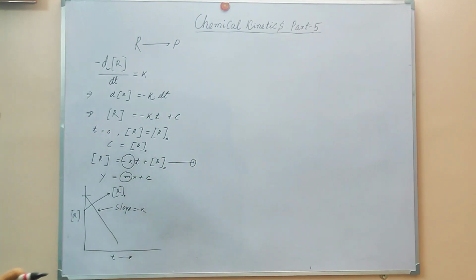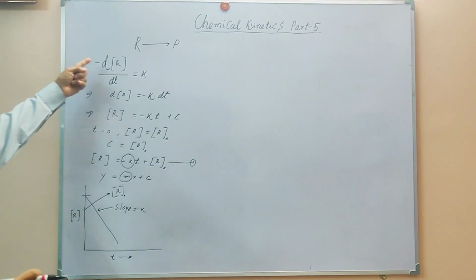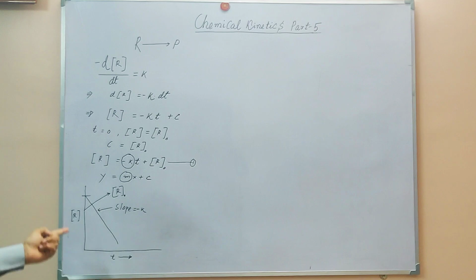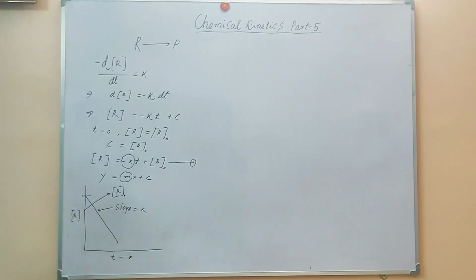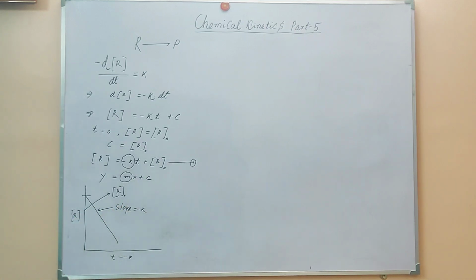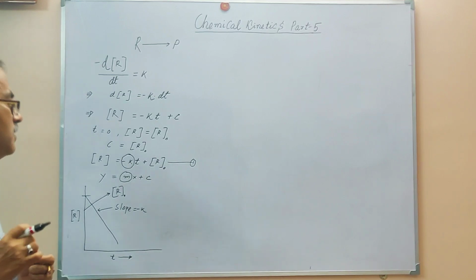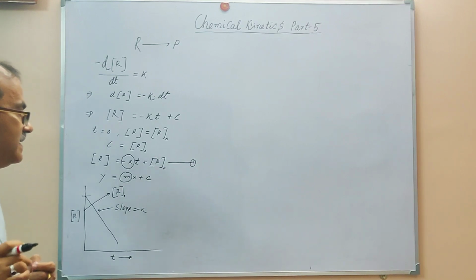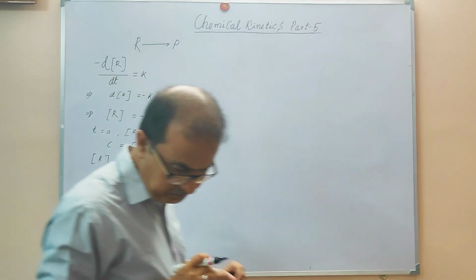For the zero order reaction, the integrated equation has a slope of minus k, and with time the concentration of the reactant goes on decreasing. A negative slope means the concentration of the reactant decreases. Now what we will do?